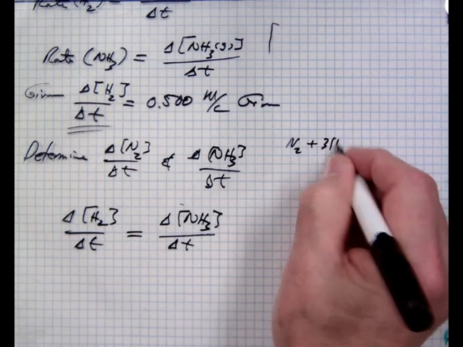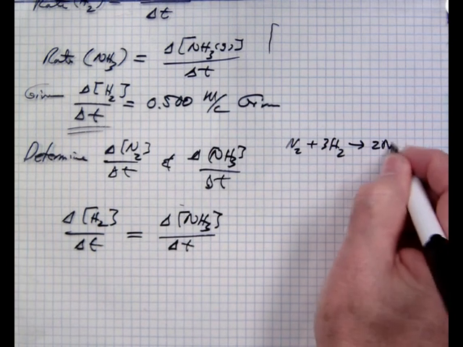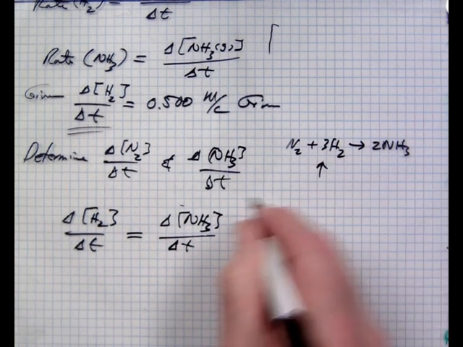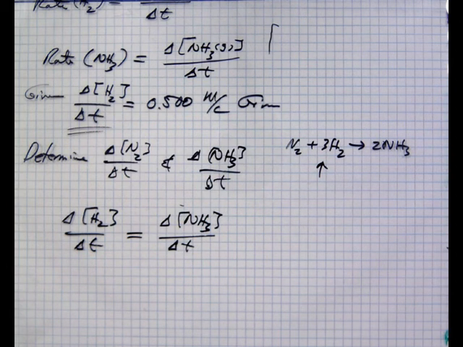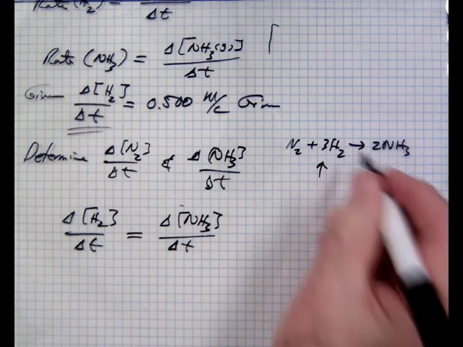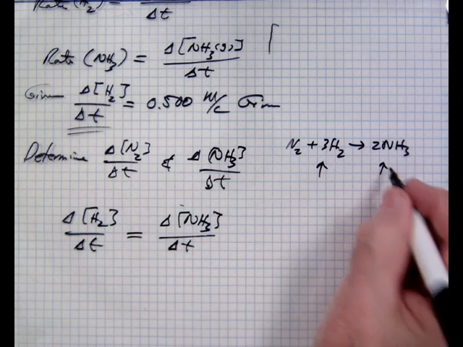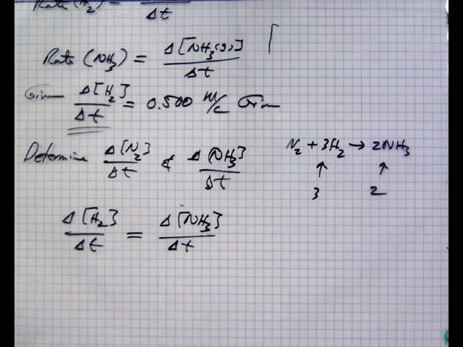N2 plus 3H2 goes to 2NH3. Notice that hydrogen has a 3 attached to it, and ammonia has a 2 attached to it. The 3, the larger number, means that hydrogen is doing whatever it's doing faster than the one with a lower number. The one with a bigger number is going faster than the one with a smaller number.